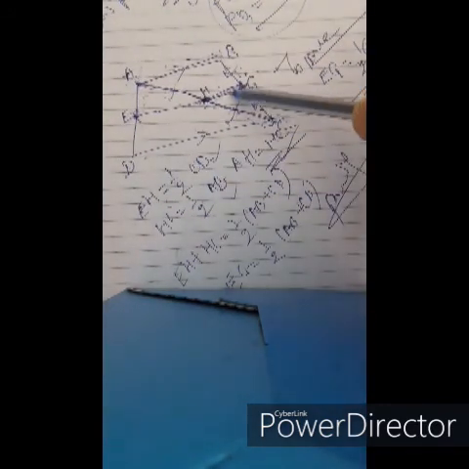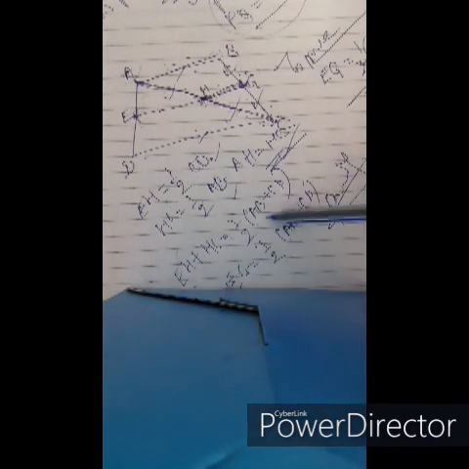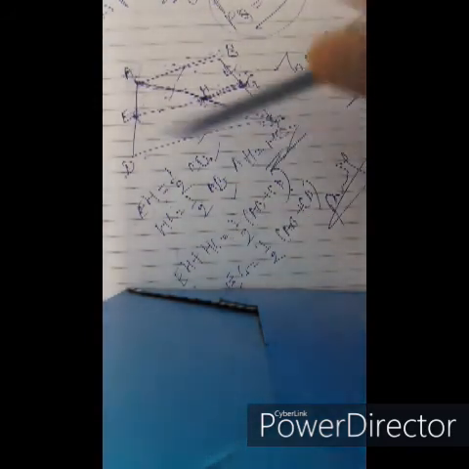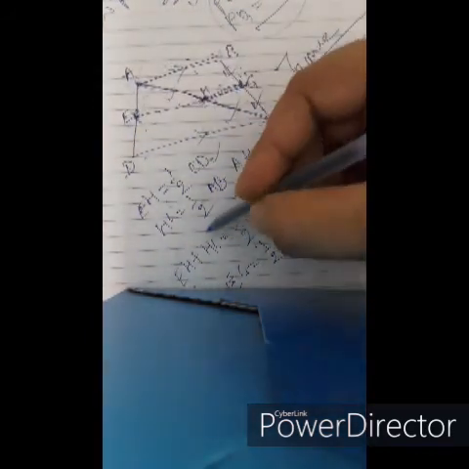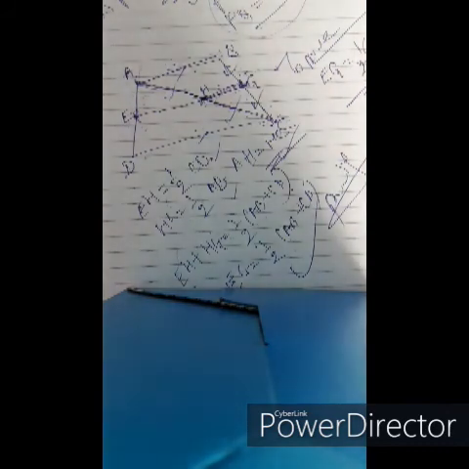Second part we got HG equals half of AB. Adding these two we get EH plus HG equals half of AB plus CD. EH plus HG becomes EG, so EG equals half of AB plus CD. That is the required part which has to be proved.